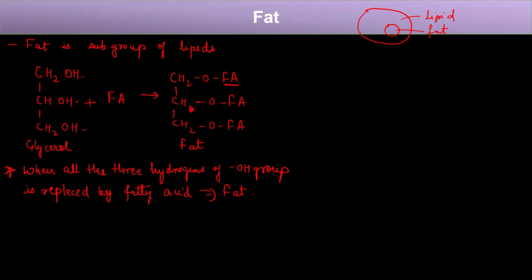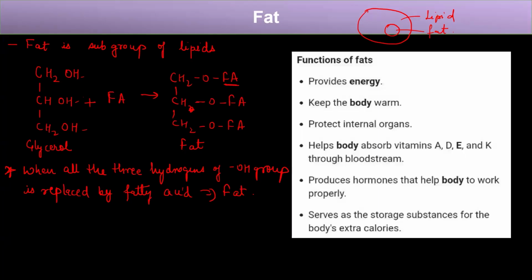Now, what is the role or function of fat? Because we often say that we should not take a high fat diet, right? But is fat always bad? The answer is no. Fat plays a variety of important roles in our body. The first function is that it provides energy, as fat undergoes oxidation.